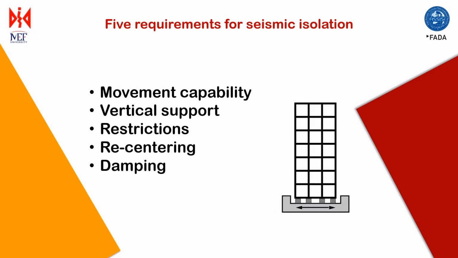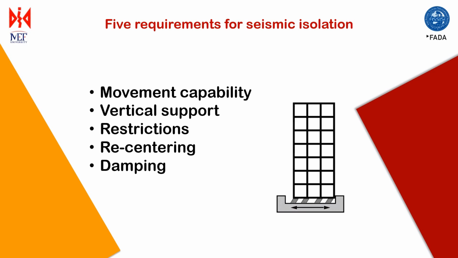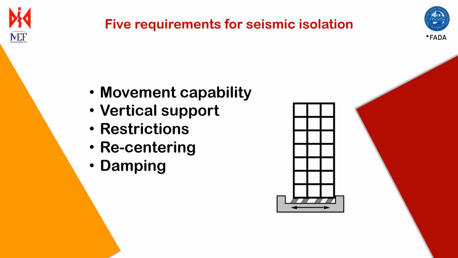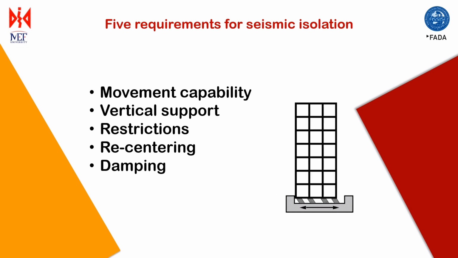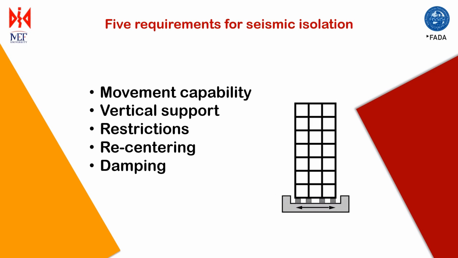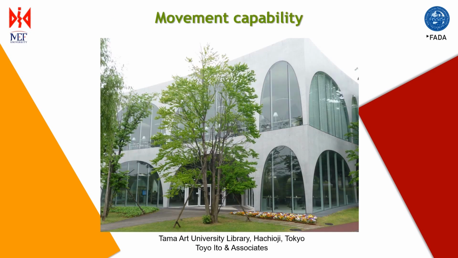There are 5 requirements for seismic isolation. Architects need to be aware that while the capacity for horizontal movement is the first requirement for an isolated structure, there are 4 other requirements as well: vertical support, recentering, restriction, and damping.